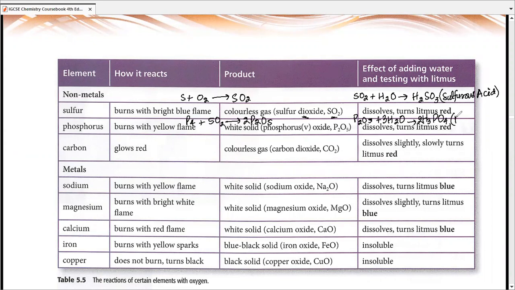And remember, H3PO4 is phosphoric acid. Since it's an acid, it can turn the litmus paper from blue to red. So P2O5 reacts with 3 water molecules, gives us 2 molecules of H3PO4, phosphoric acid, which we studied at the start of this chapter, and that's how it's capable of turning litmus paper from blue to red.